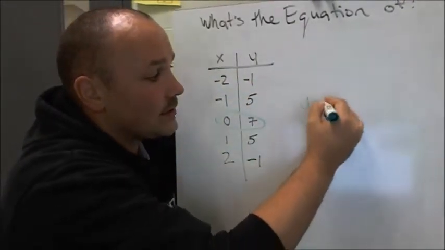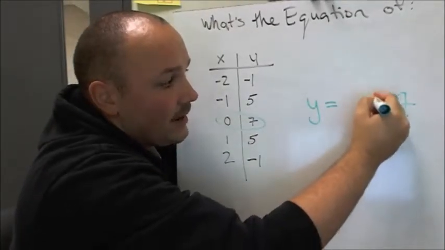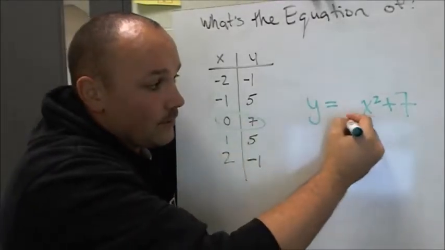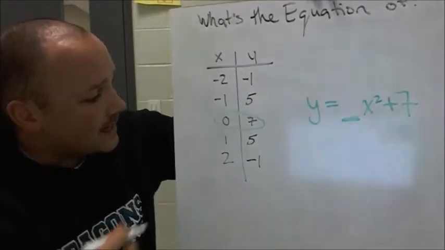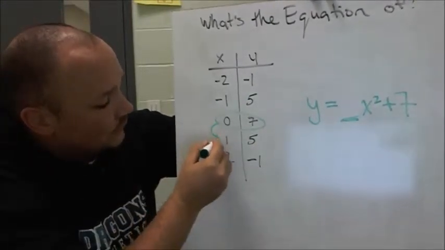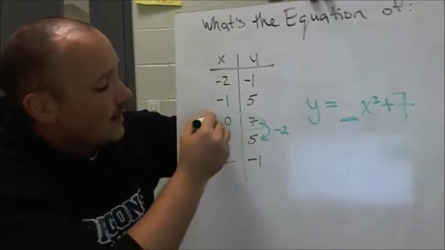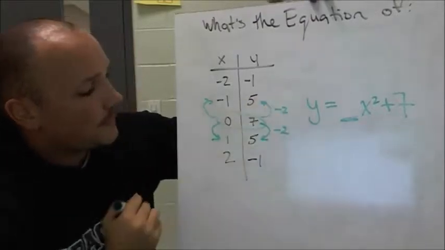So that means we can start with saying plus 7 at the end, right? And we have x squared there, okay? So the only question is, what do we multiply x squared by, okay? Well, we can find that out because you see when x goes over 1, what happens to the y value? We went down 2. And as x goes over 1, we went down 2, right?